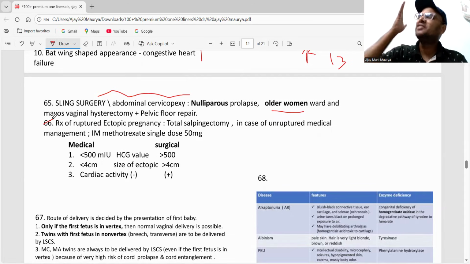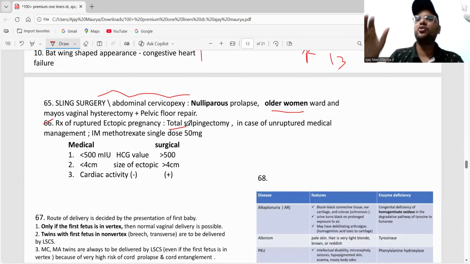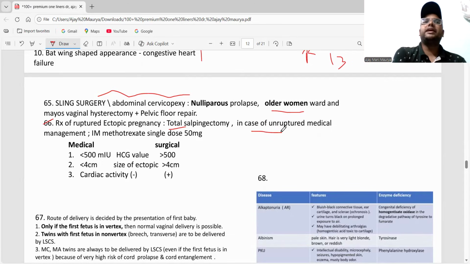That's why you always do total salpingectomy. You have to cut and throw. In case of unruptured ectopic, you go for medical management, where your main goal is to save the tube. The drug of choice here is methotrexate single dose, 50 mg.